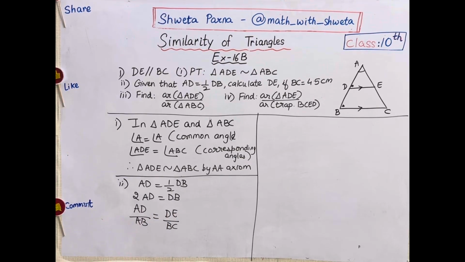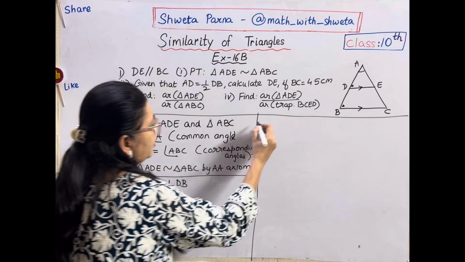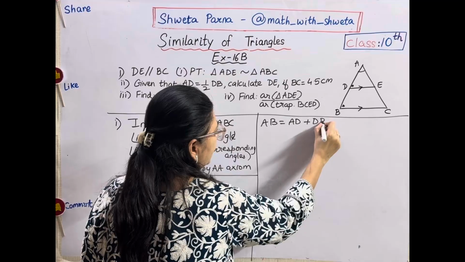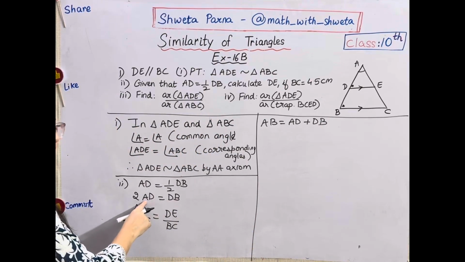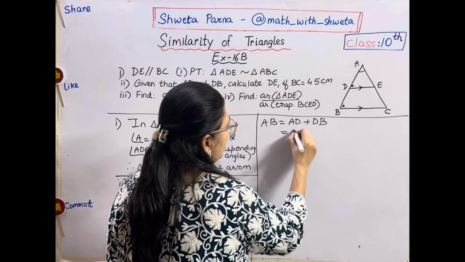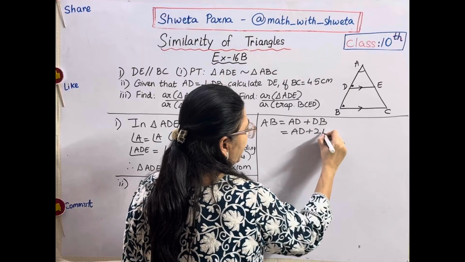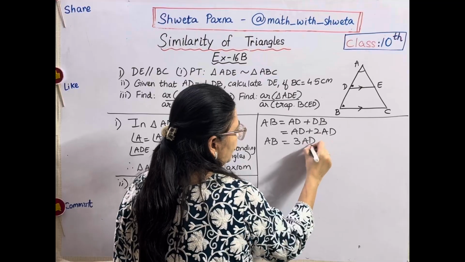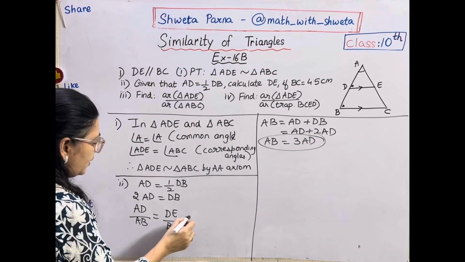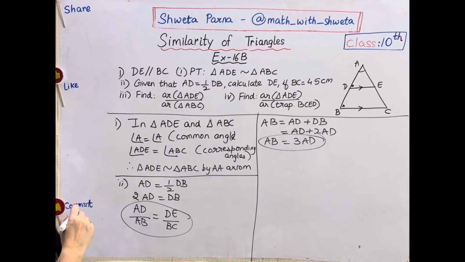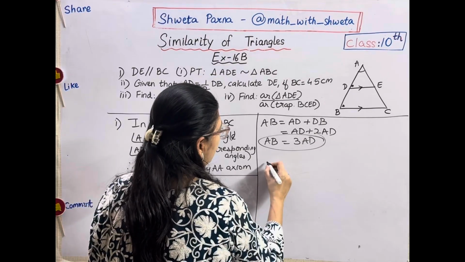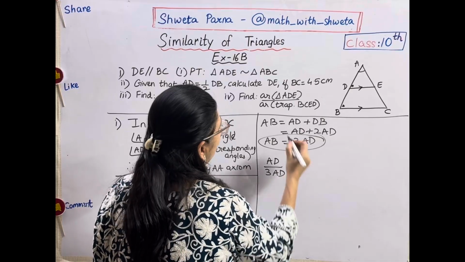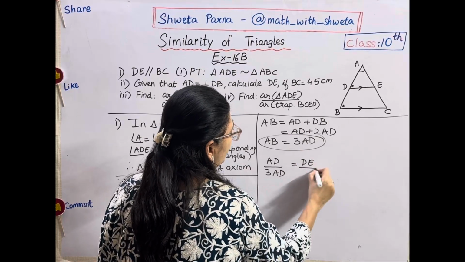Now what is AB, children? AB is AD plus DB, correct? Now what is DB? DB is 2AD. So this will become AD plus 2AD. So AB is 3AD. You will substitute this value in the basic proportionality theorem. So AD upon 3AD is equal to DE upon 4.5.